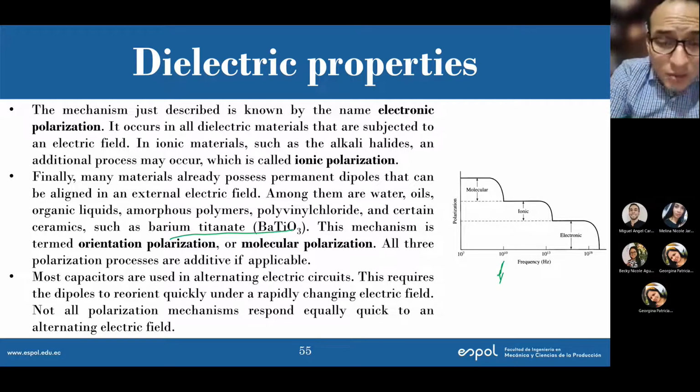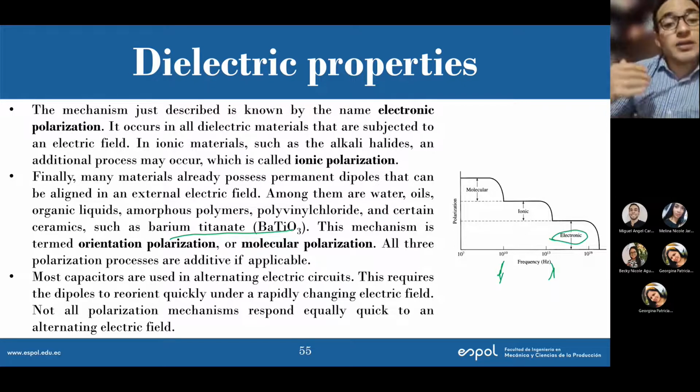Ionic can sustain the polarization a bit more, 10 to the 13, but it's electronic polarization, the most important one, that can sustain frequencies up to even more than 10 to the 16 hertz. Therefore, dielectric materials are used in electric circuits.